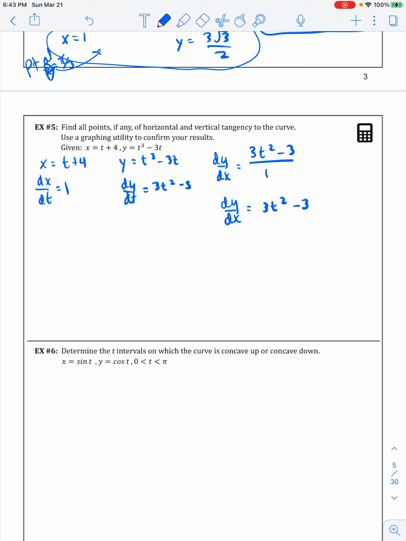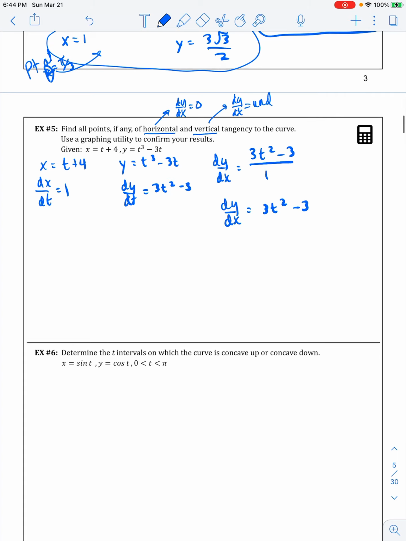When we're looking for horizontal tangency, we're looking for where dy/dx equals 0, and vertical tangency is when dy/dx is undefined.